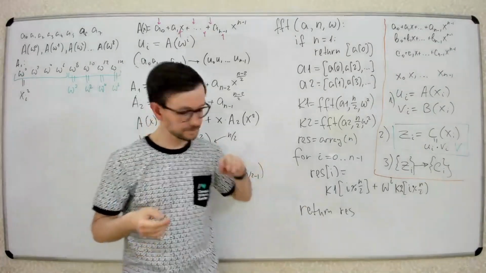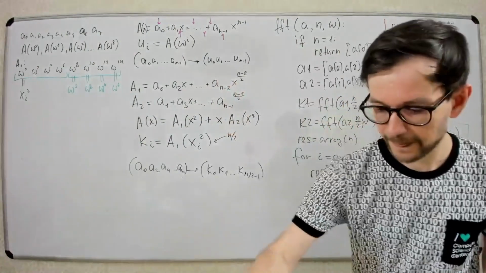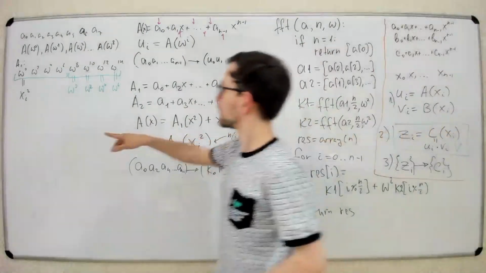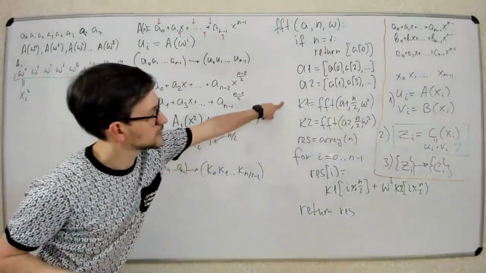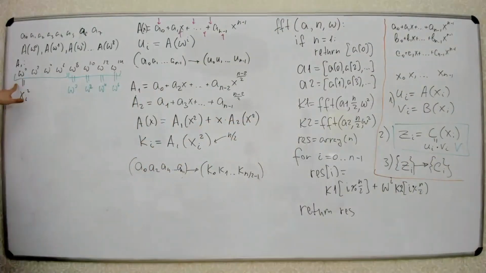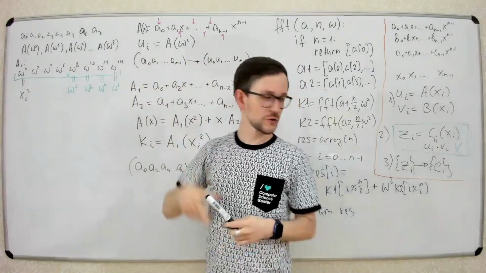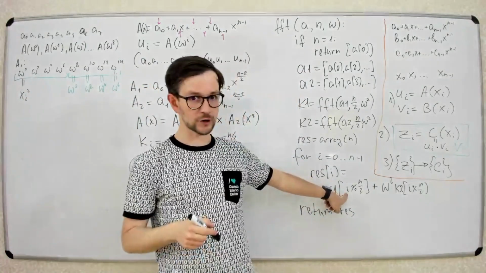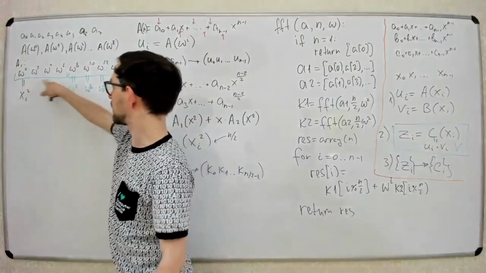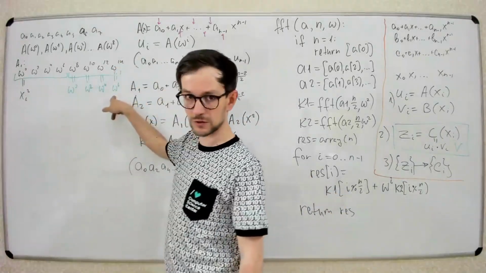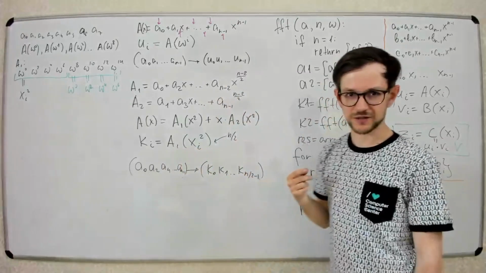And here, k1 and k2 return the values of polynomial A1 in these points. I want to calculate in all these points, so I take i modulo n over 2. For small i I will take this one, for big i I will take this one. Makes sense?